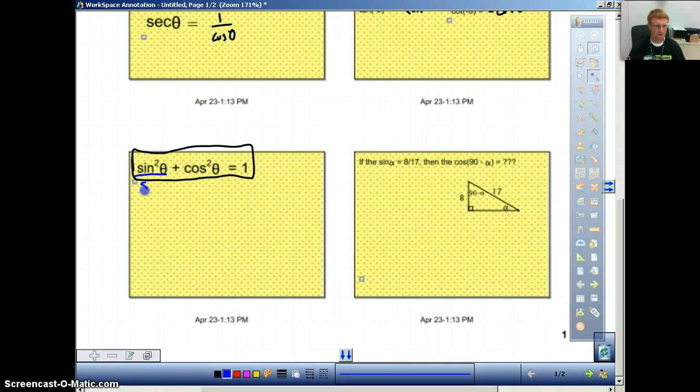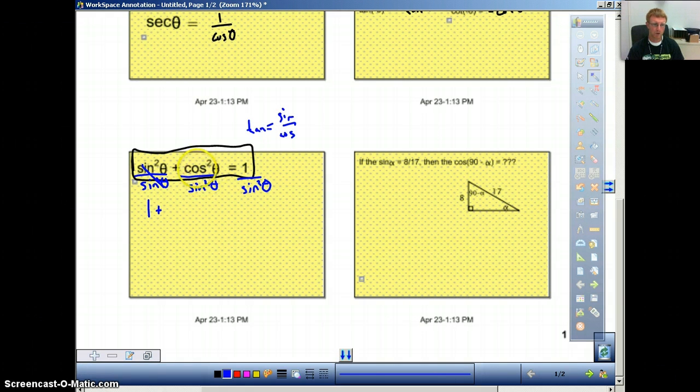The first way to do it is by dividing everything by sine squared of theta. So I'm going to divide everything by sine squared of theta, and then I'm going to simplify. This one cancels out to be 1. If you look at this, we have cosine over sine. If you recall, we said tangent is equal to sine over cosine.